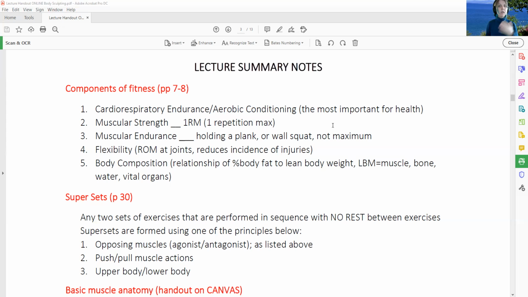Resistance can be external weights that you lift against gravity. So the main resistance would be the gravity. You can use your body weight, you can use external weights to work against or create force against gravity. But when you look at the second component of fitness, which is the strength, that is the maximal amount of force that you can use. So how strong your muscles are.